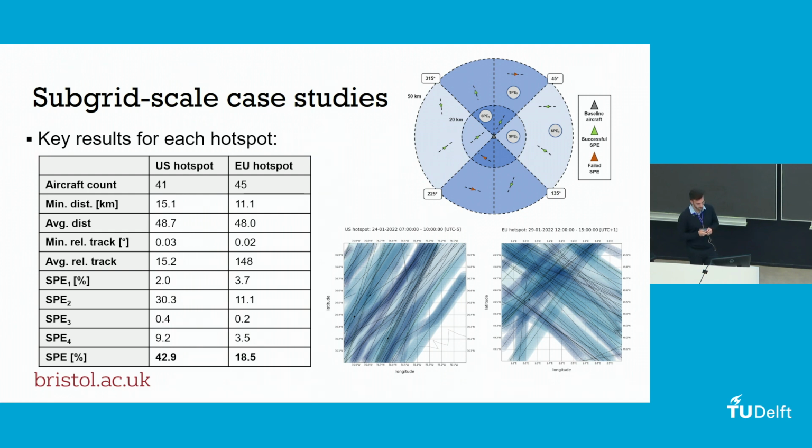Relative track was interesting. Because aircraft tend to follow very similar tracks and fly along corridors, we saw that the minimum track was almost reduced to 0.